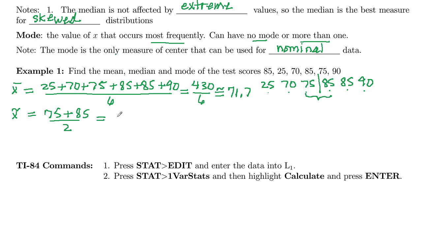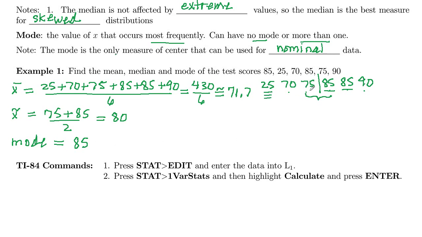That's going to give us 160 divided by 2, which is 80. And then our mode, the most frequent value, there are 2 85s and nothing else is repeated. So our mode's 85.